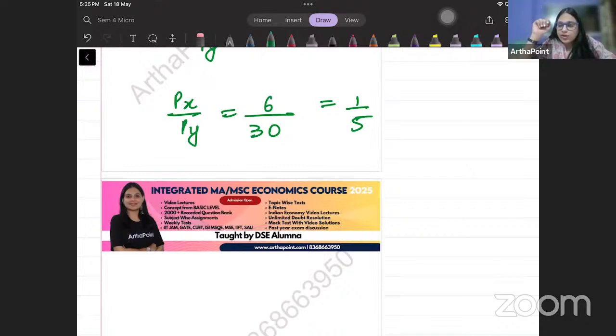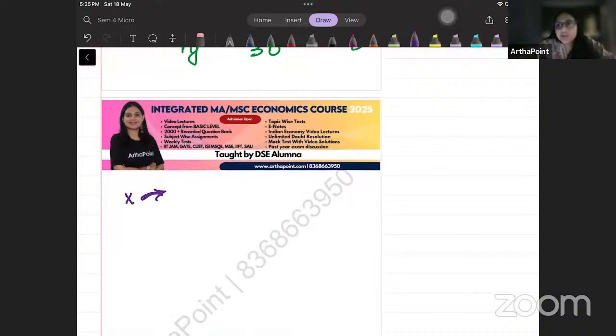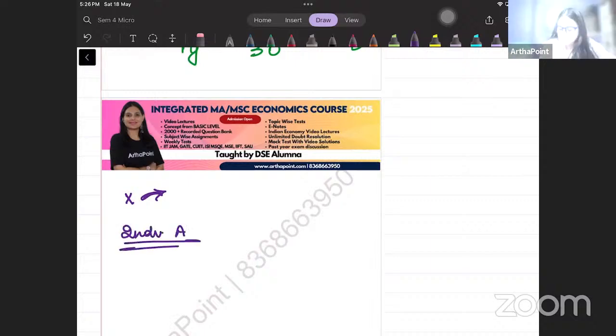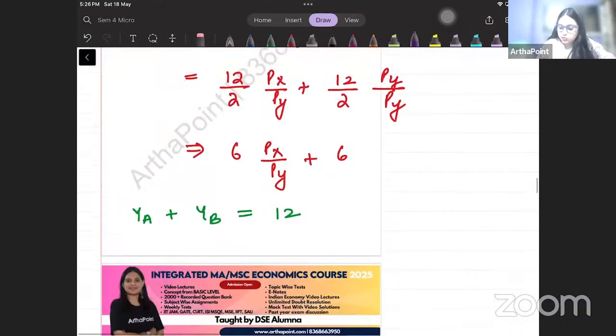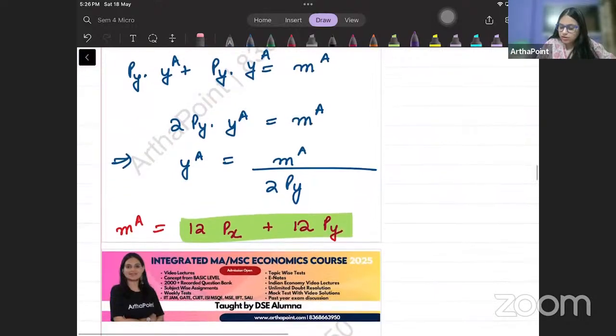Now what you just need to do is check whether the market of good X clears. So beta, good X, who was demanding good X? Good X was only being demanded by individual A. B was not demanding any units of good X. So individual A's demand of good X, if you put it back, what is the amount of good X he will demand?